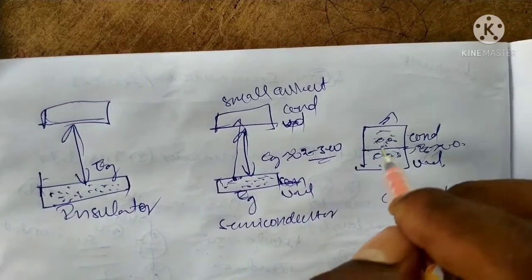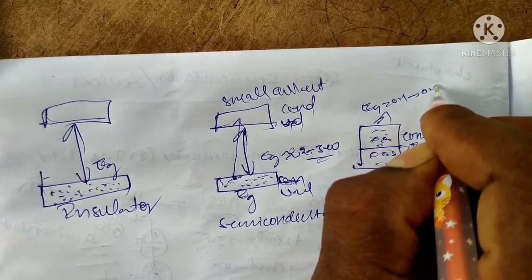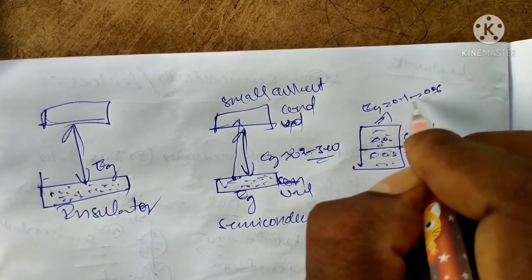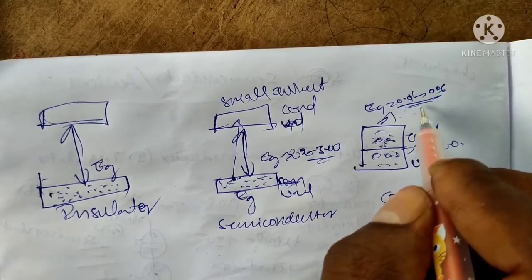In the case of conductors, the energy gap is 0.01 to 0.06 electron volts, which is very small.